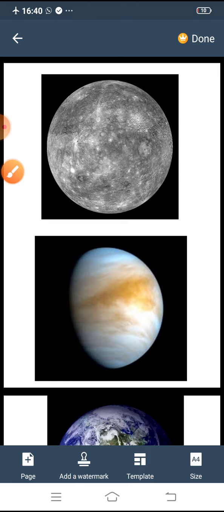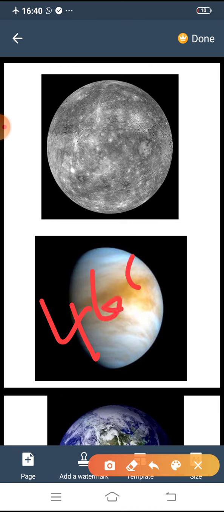This is contrary to the direction of the spin of the other planets, and it revolves around the Sun in 224.7 days. In size and density, Venus is very similar to the Earth, but it has a very dense atmosphere which creates a greenhouse effect that maintains a high surface temperature of nearly 460 degrees centigrade.